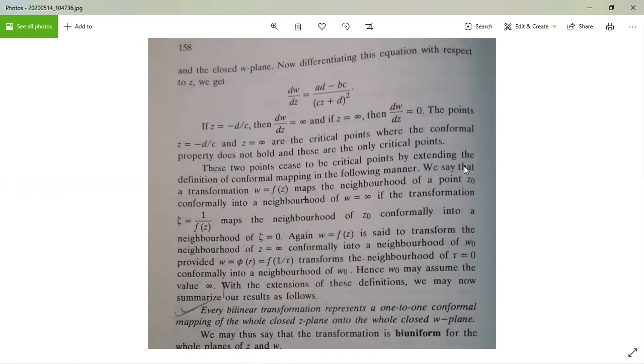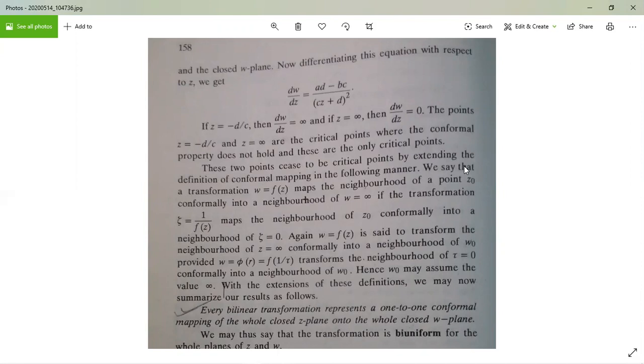Then the points z equals minus d by c and z equals infinity are the critical points where the conformal property does not hold, and these are the only critical points. These two points are handled by extending the definition of conformal mapping in the following manner.